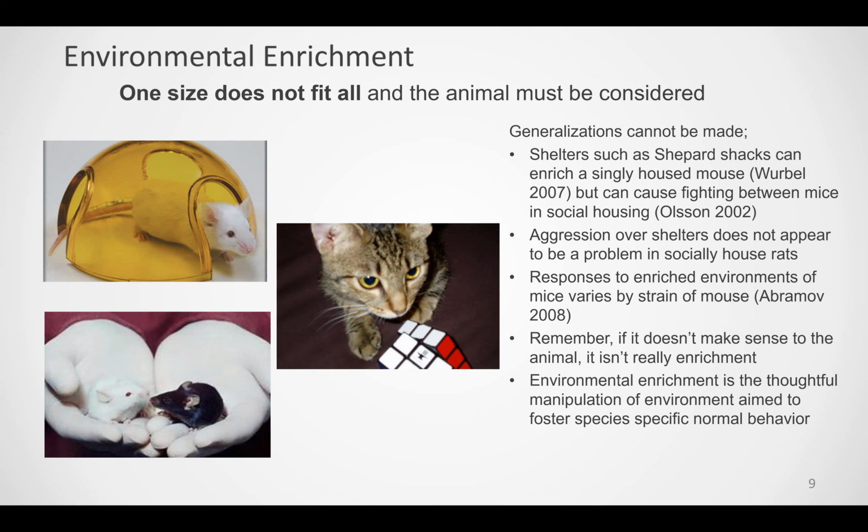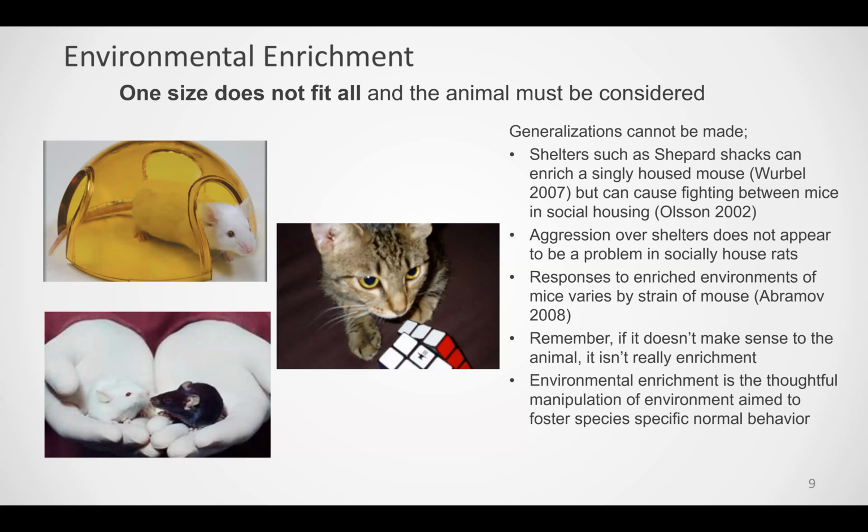So there's also something else to think about, and that is if the enrichment you've put in doesn't make sense to the animal, then it isn't really enrichment. That's what I'm trying to express here with the cat and Rubik's Cube, okay? There's no way the animal's going to play with that or find it interesting. Cats are very visual animals and they like rapid motion.